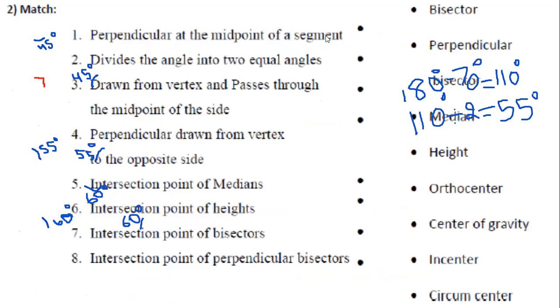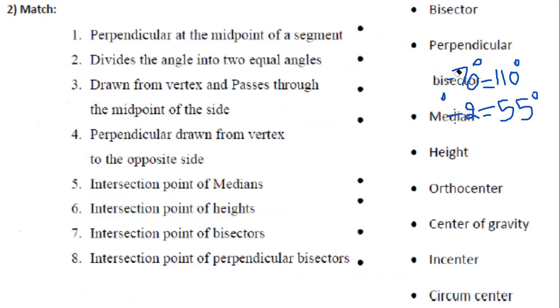Okay, let me erase what is written before we start with our second exercise. In the second exercise, it is talking about special lines in triangles. How many special lines did we study in triangles? Who can tell me what are the special lines that we studied in a triangle?